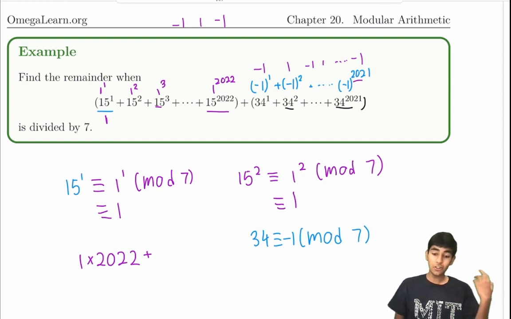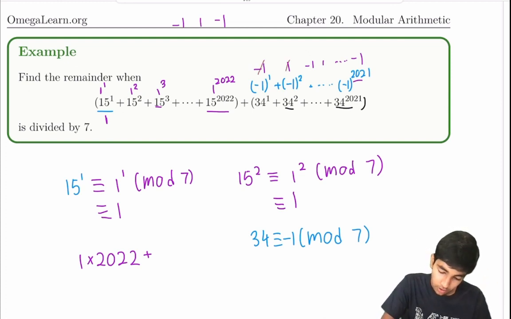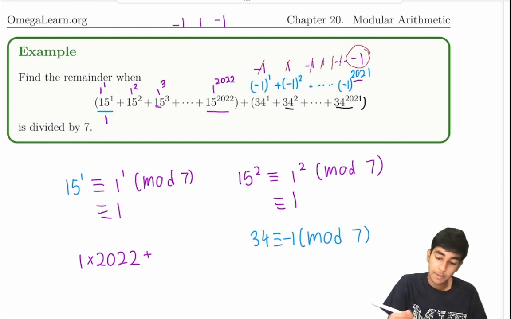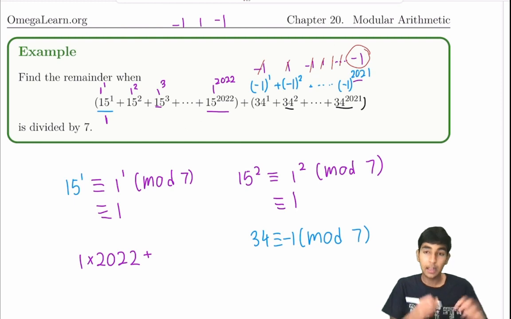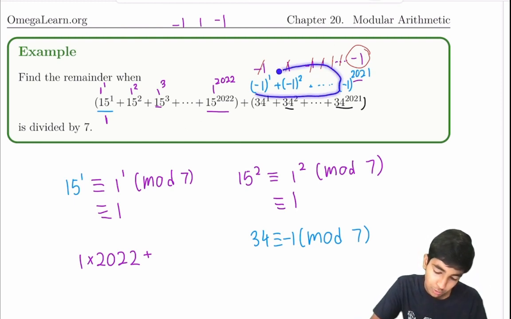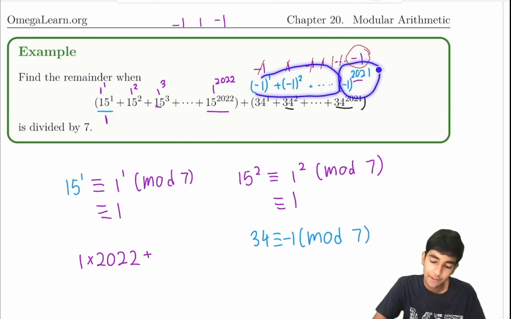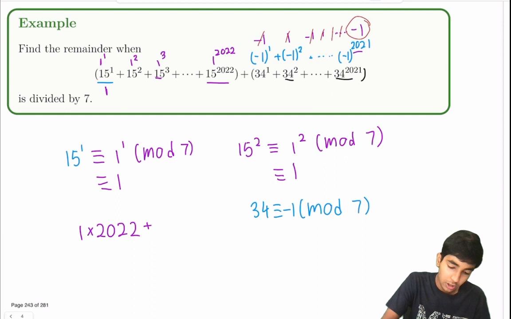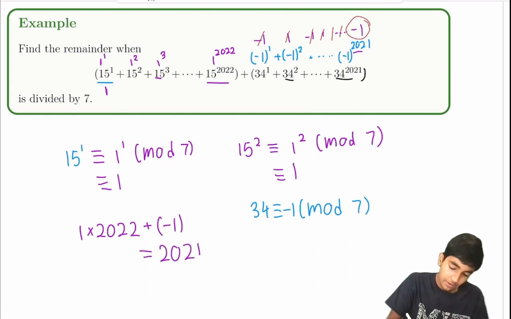And if you remember telescoping, most of these will cancel out. The only term that will remain is the last negative 1, because there are 2021 terms, 2020 of them will cancel out, and we're just left with this last term, and because it's odd, it's negative 1. So this will just be negative 1. And the first part is 2021. Cool.